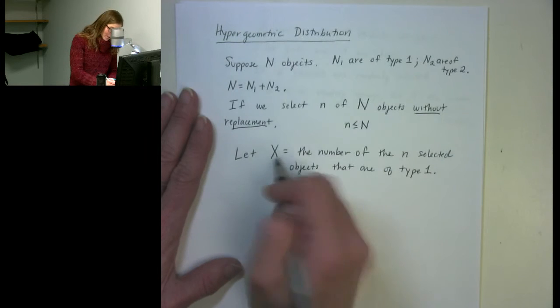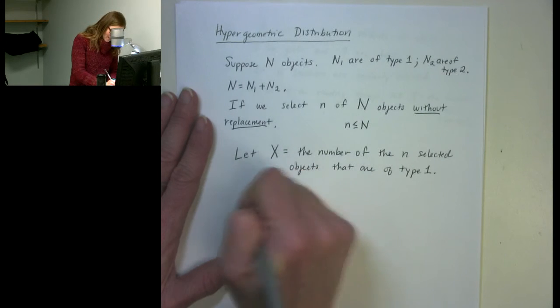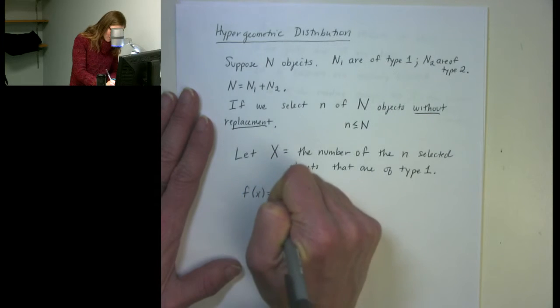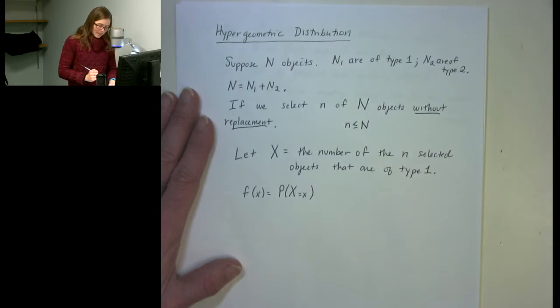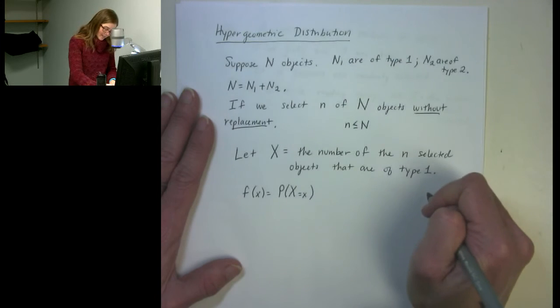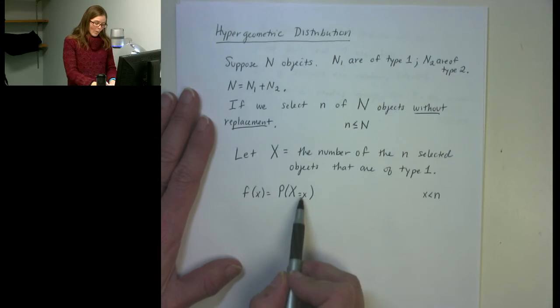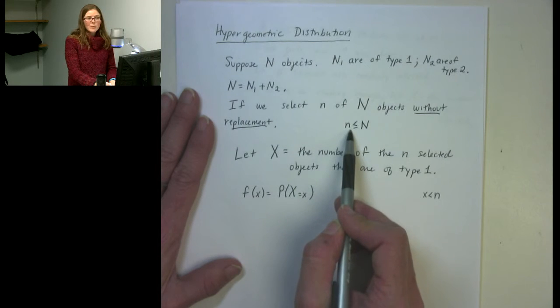If I'm interested in a specific value, little x, so I want to find f of x, which is the probability that X takes on a specific value little x, this is going to be 0 unless my x is less than or equal to n, right? I can't have more objects of type 1 than I have total objects that I've selected.